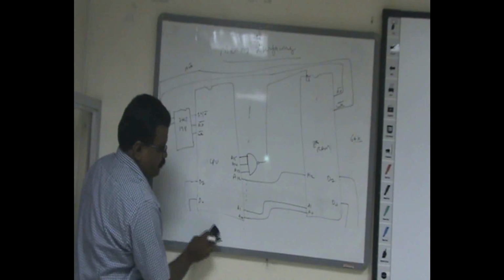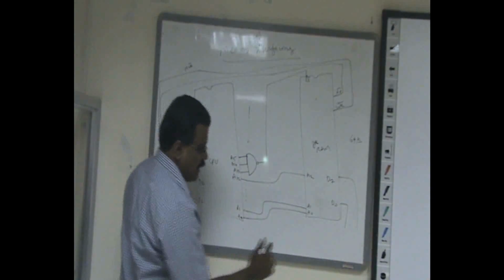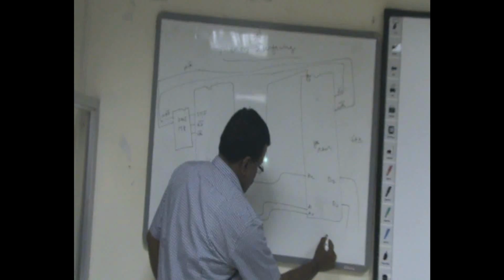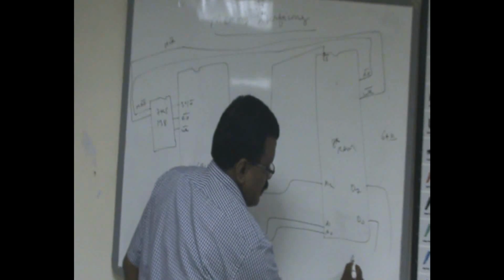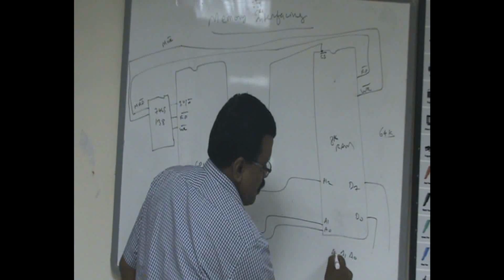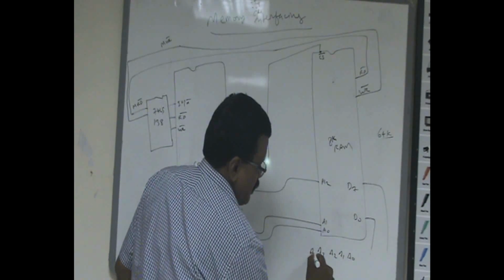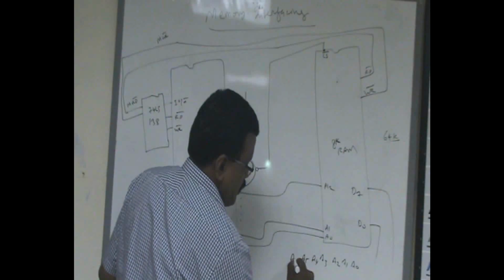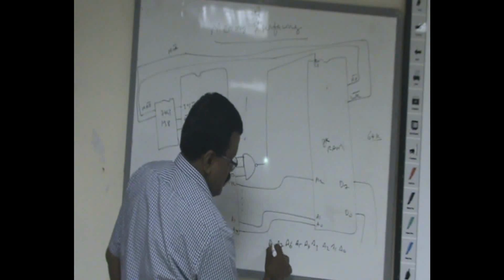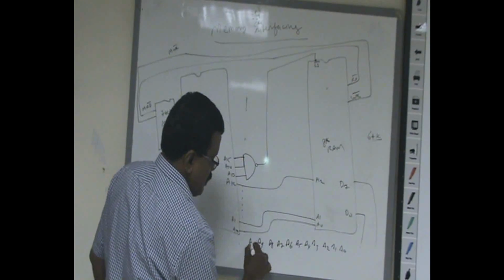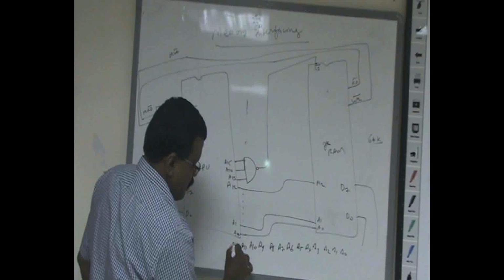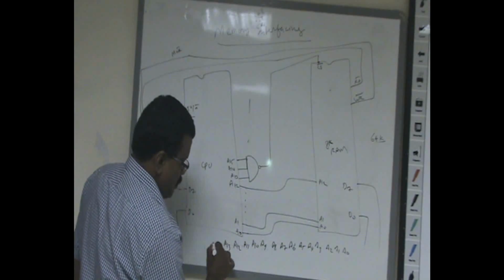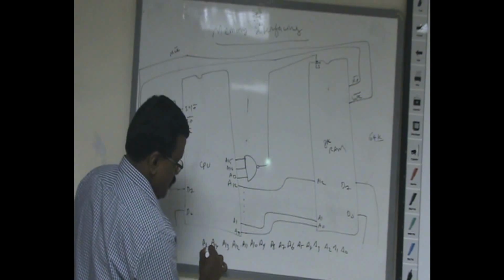So now, for finding the address map, let us take this is A0, A1, A2, A3, A4, A5, A6, A7, A8, A9, 10, 11, 12, 13, 14 and 15.